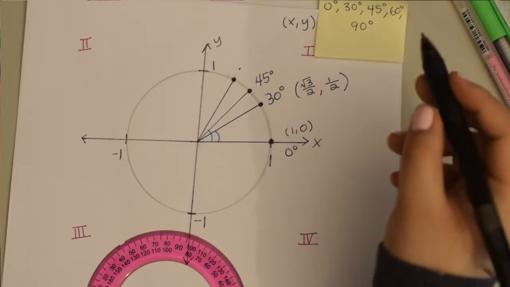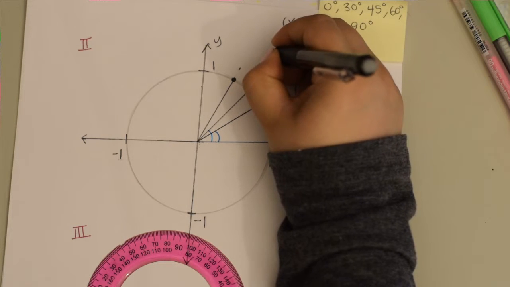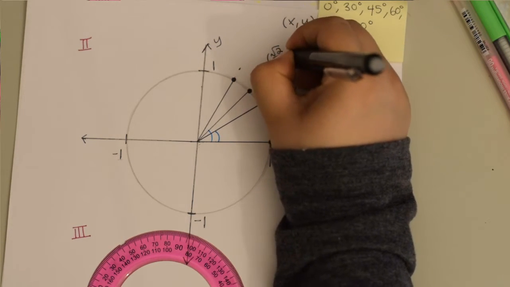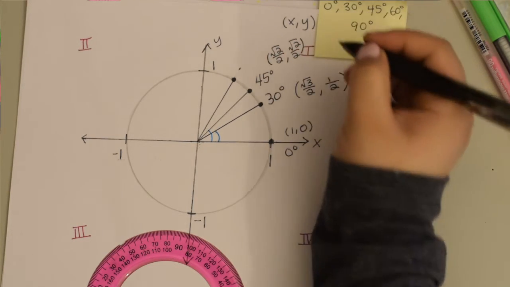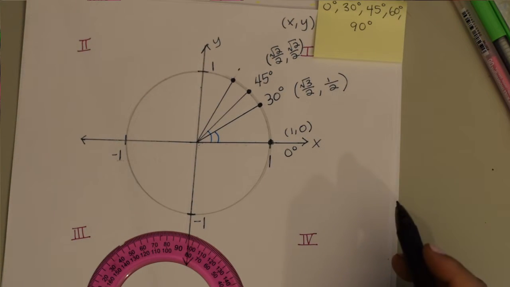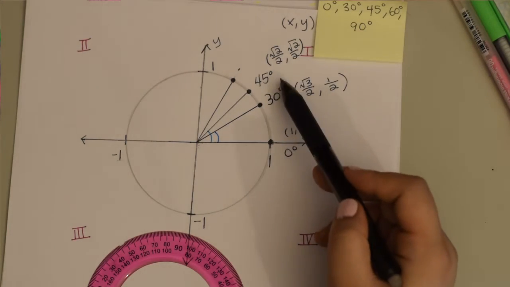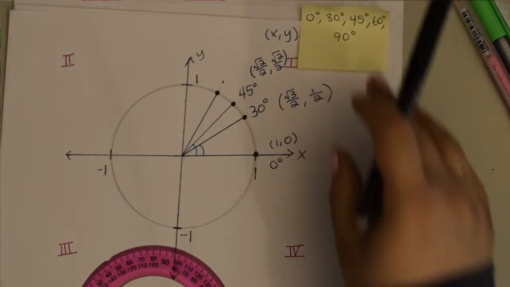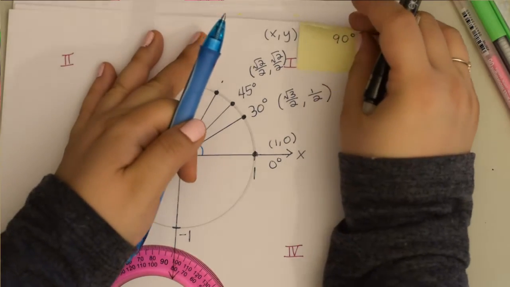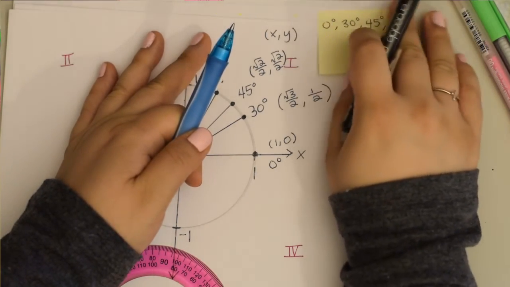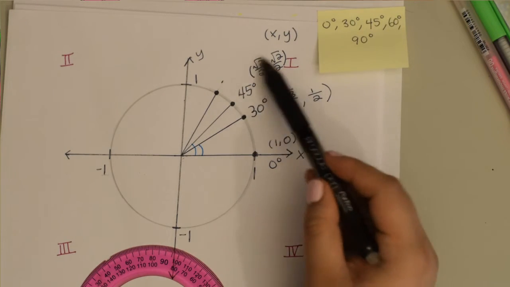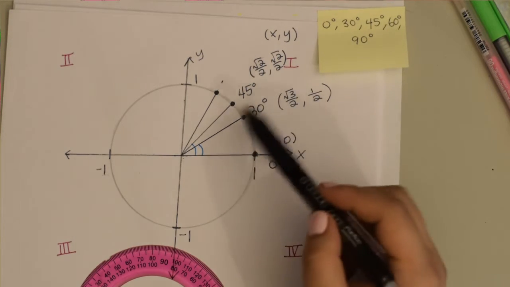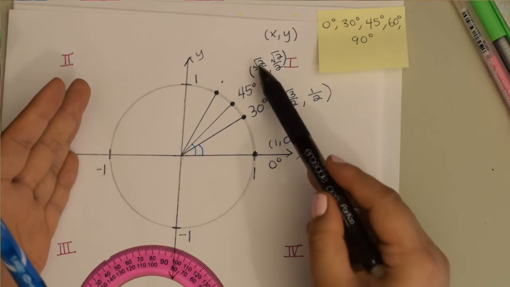That's what we mean by the angle associated with a point. So this is 45 degrees, and those coordinates are root 2 over 2 and root 2 over 2. So I'm just telling it to you now. Maybe you've heard of it before and you're working on memorizing them, or you've been told to just memorize it, or you're seeing it for the first time. But I'm not calculating anything off the top of my head to get these.